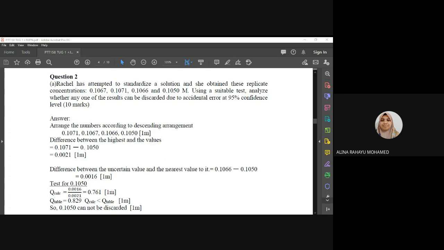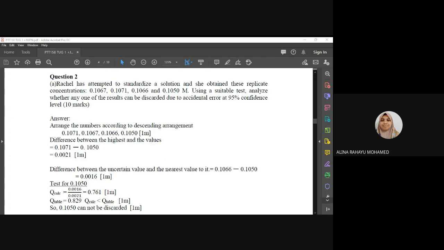It doesn't matter. In this case, it's descending: 0.1071, 0.1067, 0.1066, and 0.1050. Find the difference between the highest and the lowest value.